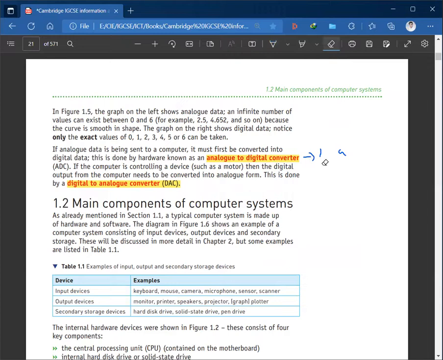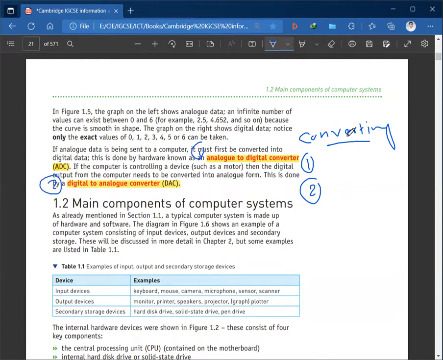You don't need the definition right now. Just write this, which is used to convert analog to digital. I think that makes sense, right? So what to write? Let's say converting. Just write analog to digital data converter. In converting, write 1 and 2. This is 1, this is 2.